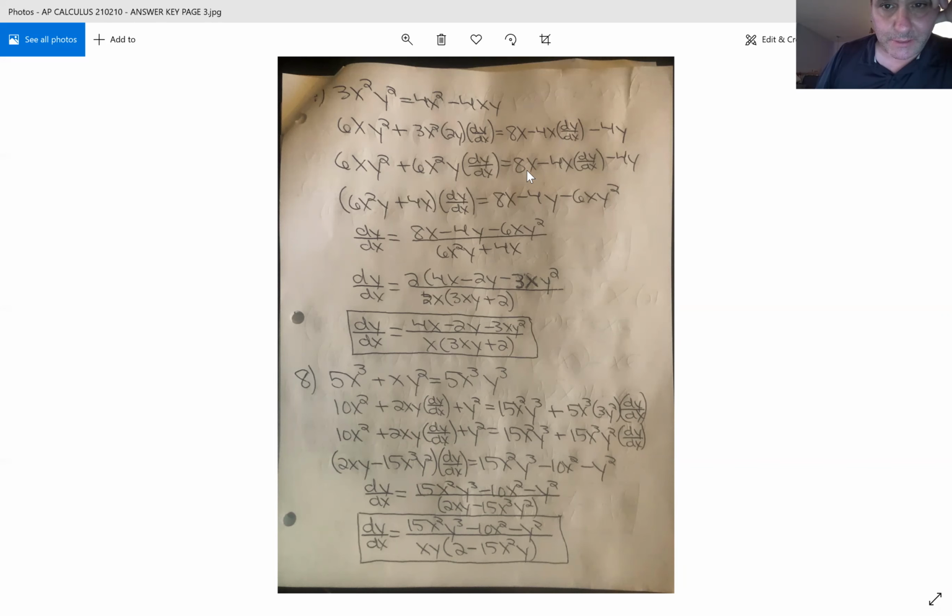Then 8x, negative 4y, and 6xy squared get moved over to the right. Solve for dy/dx. Now you can factor on these. You have a greatest common factor in the numerator, which is 2, and your greatest common factor in the denominator is 2x. So the 2s cancel, and this is what we're left with.